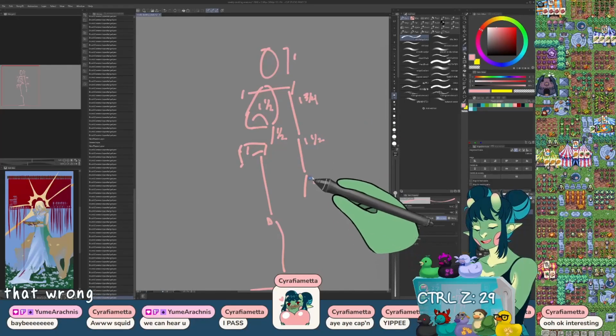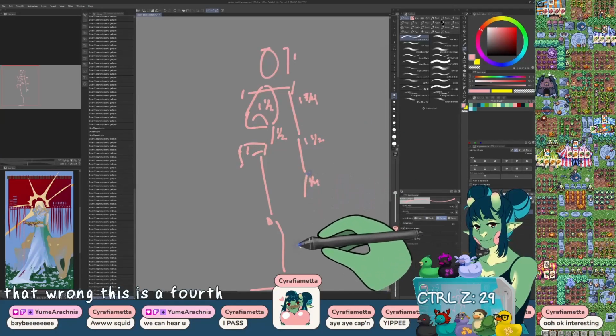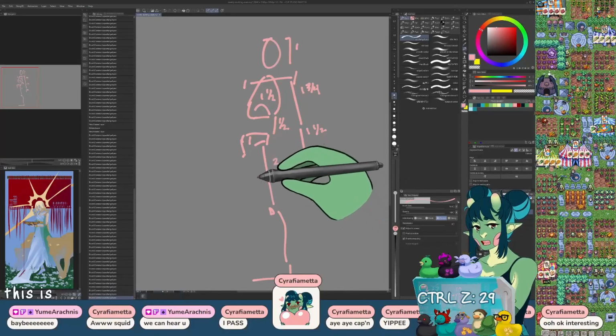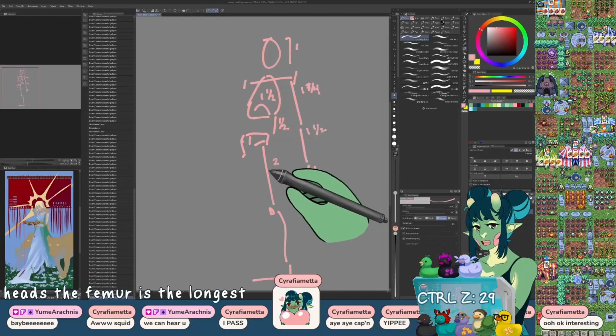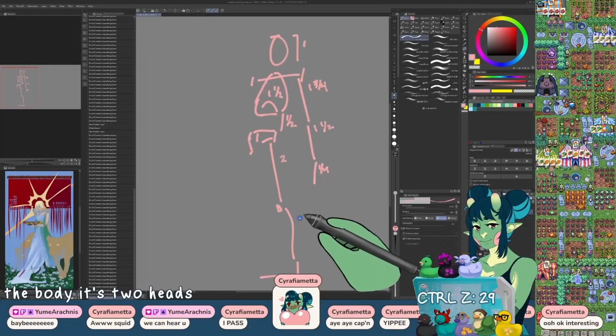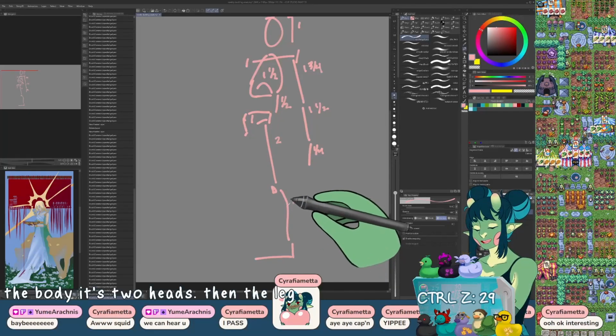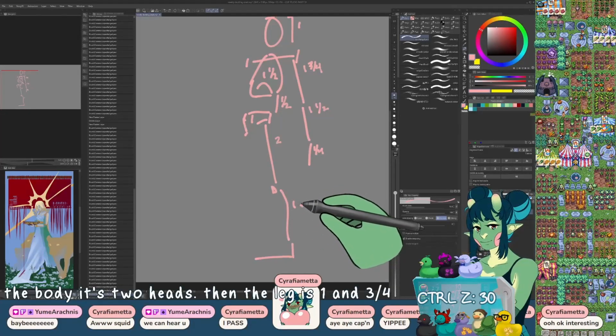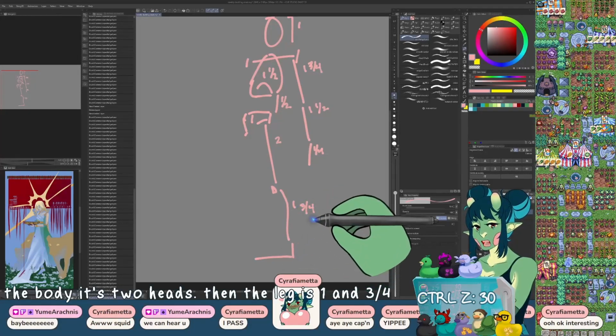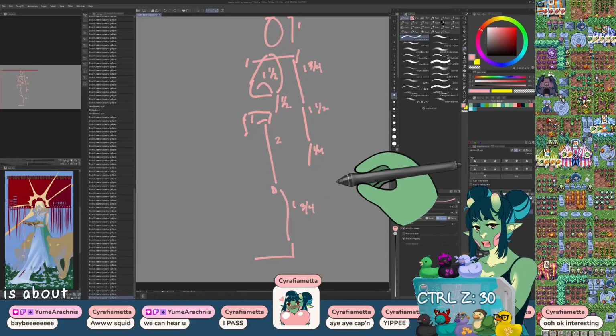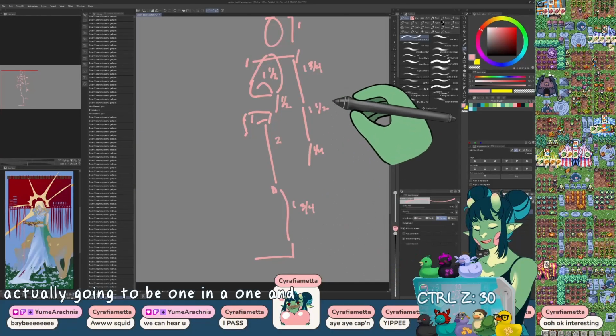I wrote that wrong. This is a fourth. This is 2 heads. The femur is the longest bone in the body. It's 2 heads. And then the leg is 1 3/4. And the foot is actually going to be 1.5. It's about the same length as the forearm.